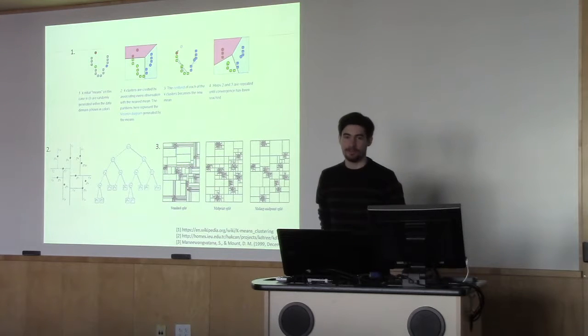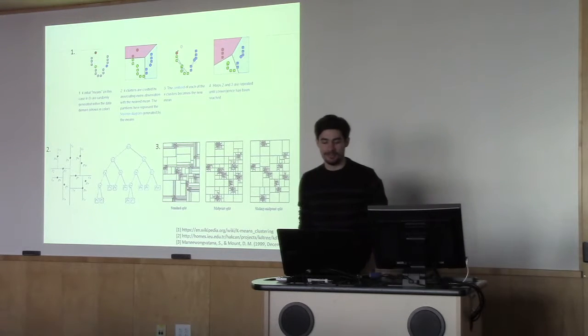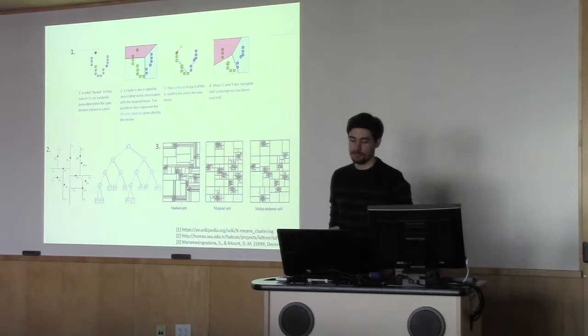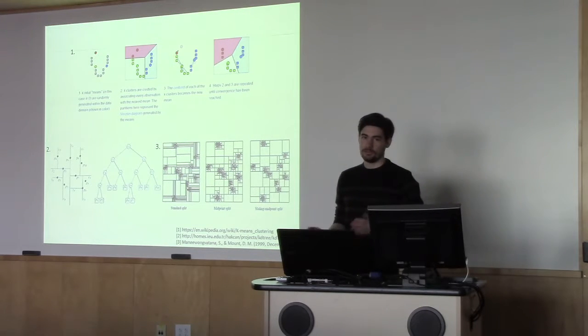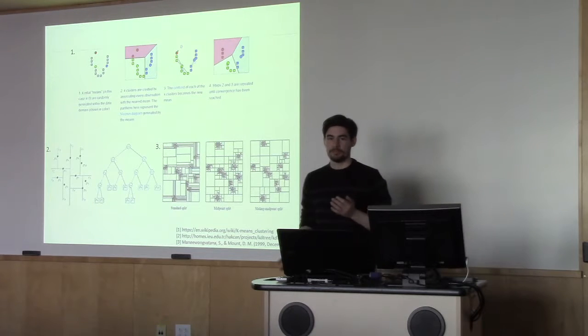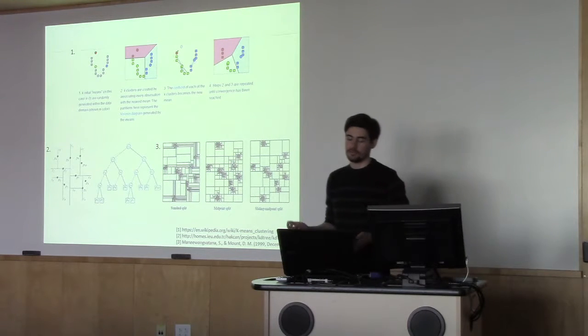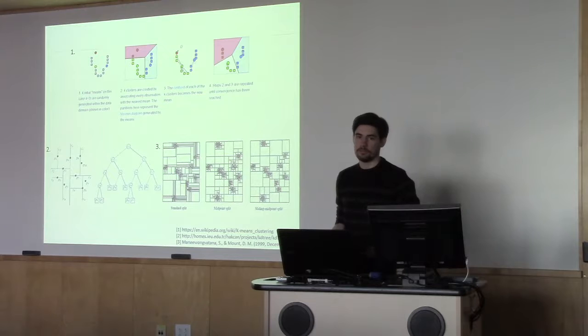Alright. So hi, I'm Thomas Crowell, and my research is regarding efficiency of the k-means algorithm and trying to get effective speedups in the algorithm by using data structures and parallelism.